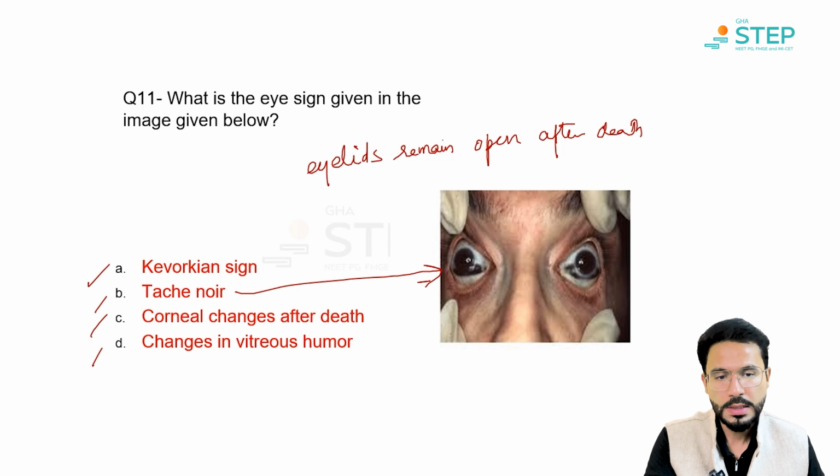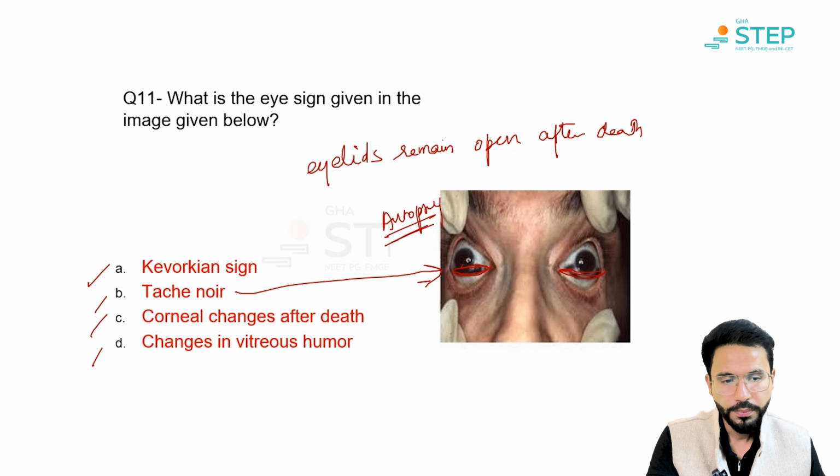So this is an autopsy finding in the eyes: a deposit along the eyelids, wherever they remained open, and because of this debris formation embedded into the sclera, it is known as tache noire.